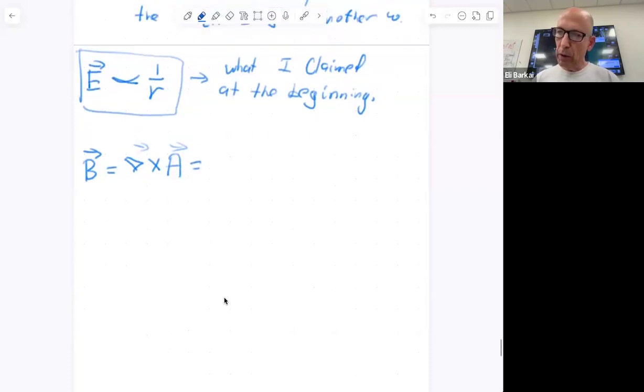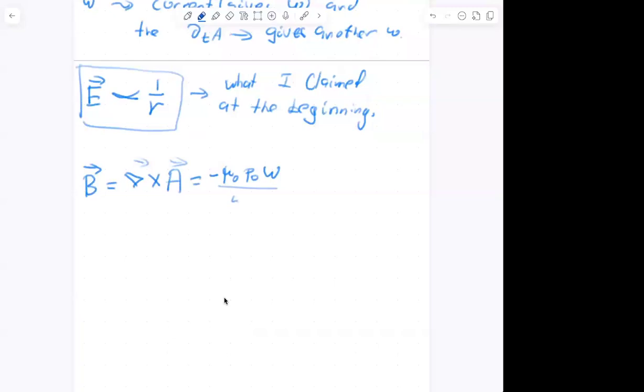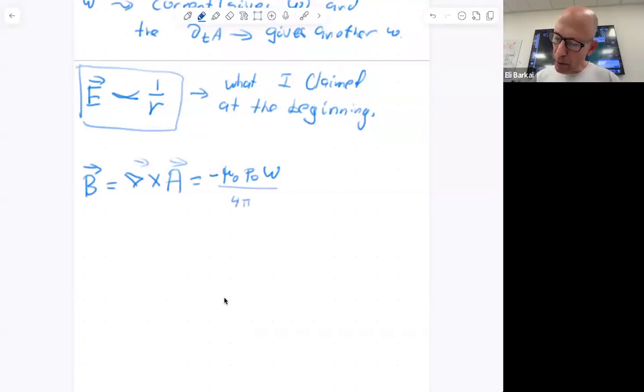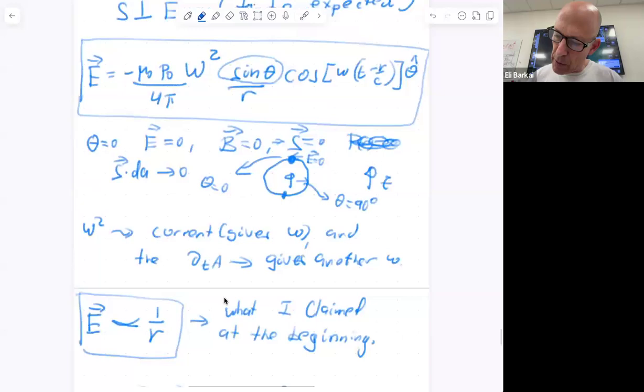I don't know. Someone wants to guess? Let us write it down. What do you think? It will be omega to what power? 1 power, because it's like the integral over E by time. You said 1? No, power of 2. Think why. Maybe you didn't. It's the same as this one.